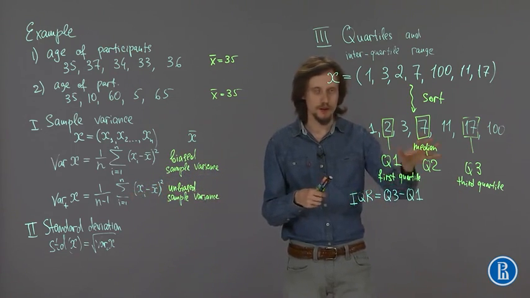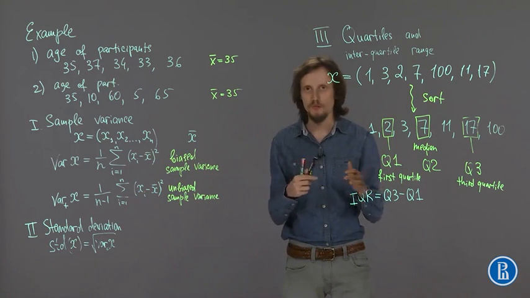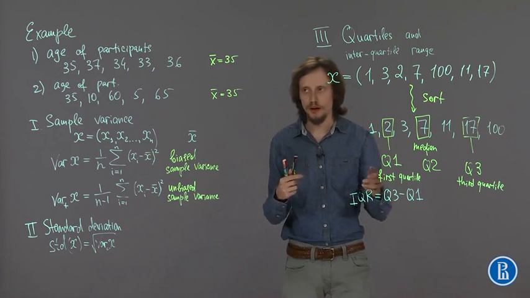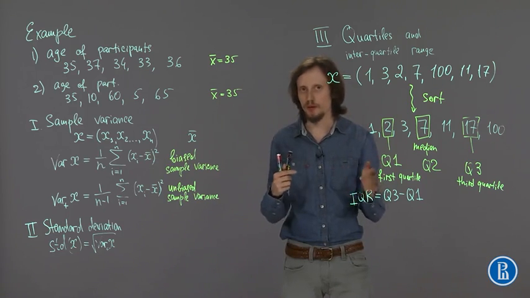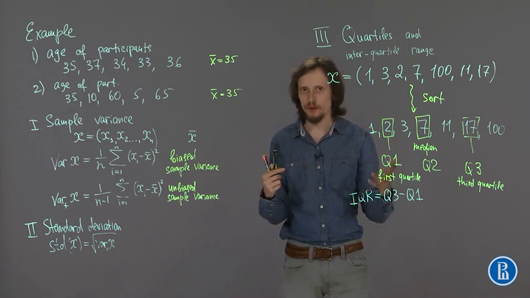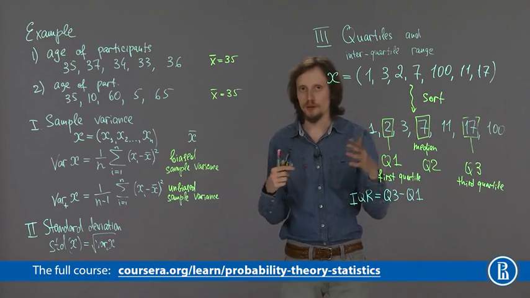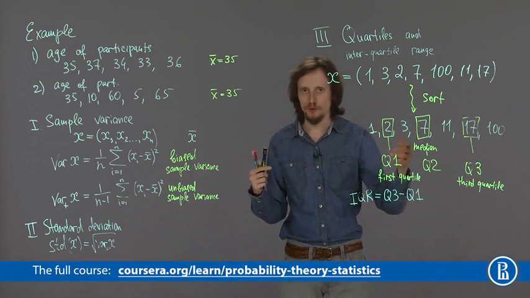So quartiles and interquartile range are in a sense more robust tools that can be useful sometimes, for example, if you deal with data with lots of outliers, elements that lie outside of the expected distribution of the data.